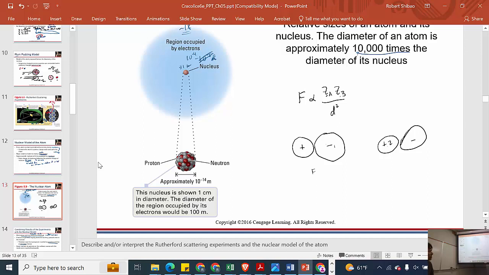Here the force is plus 2 for A, and B is minus 1, the same. The distance is about the same, and therefore the force is 2 times stronger. We'll call this force 1, and this force 2. It'll be about double the force of 1.